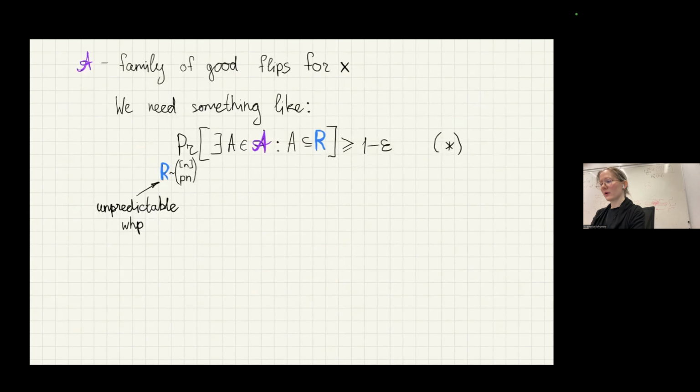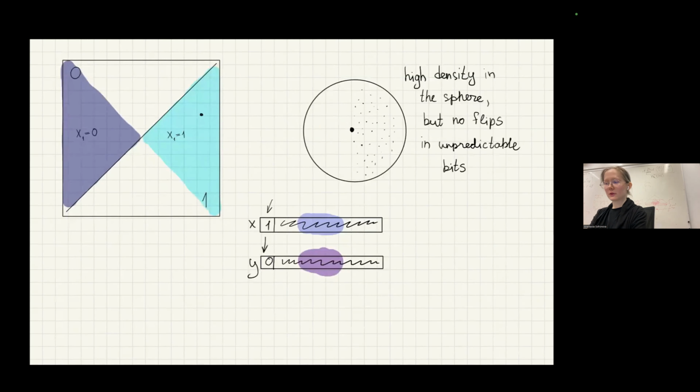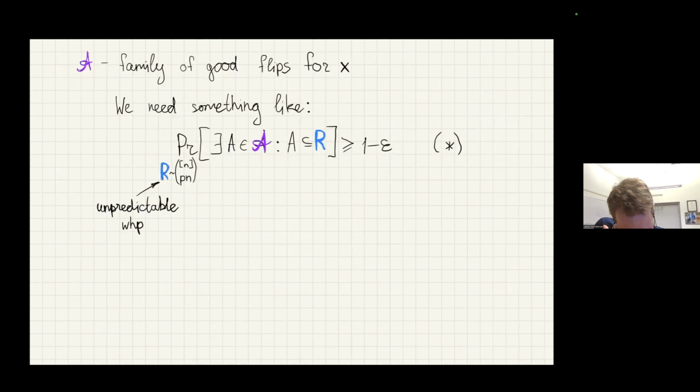So this condition fails for this example. So it would be enough for us to succeed if we just define a mirror set of X's in a way that this condition is true.